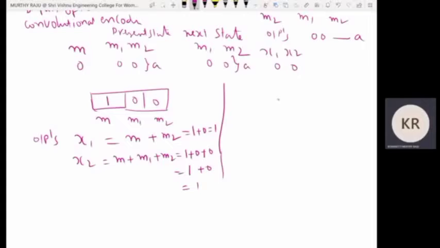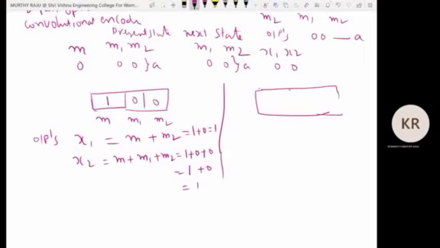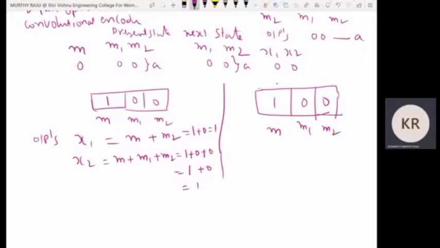Perform the shifting operation. There are M, M1, M2 with 1, 0, 0. That 1 bit is shifted to M1. The 0 bit is shifted to M2. The 0 bit of M2 is finally discarded.